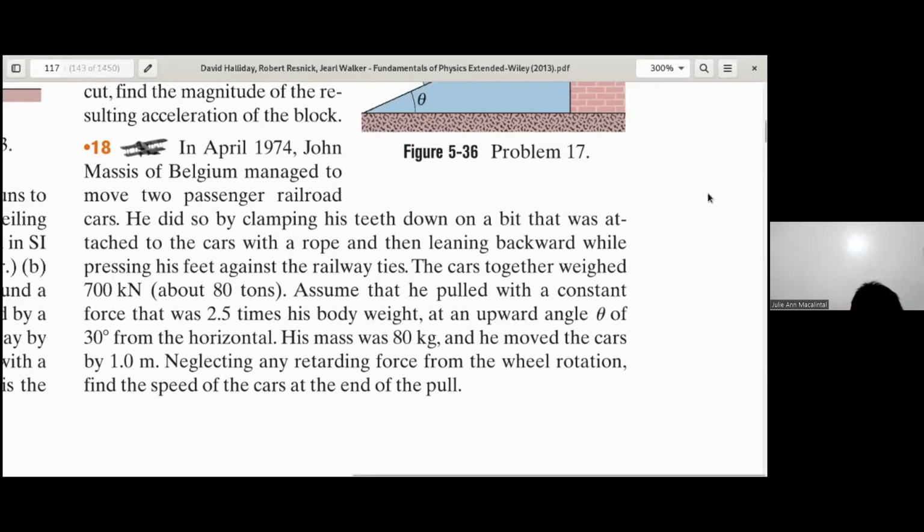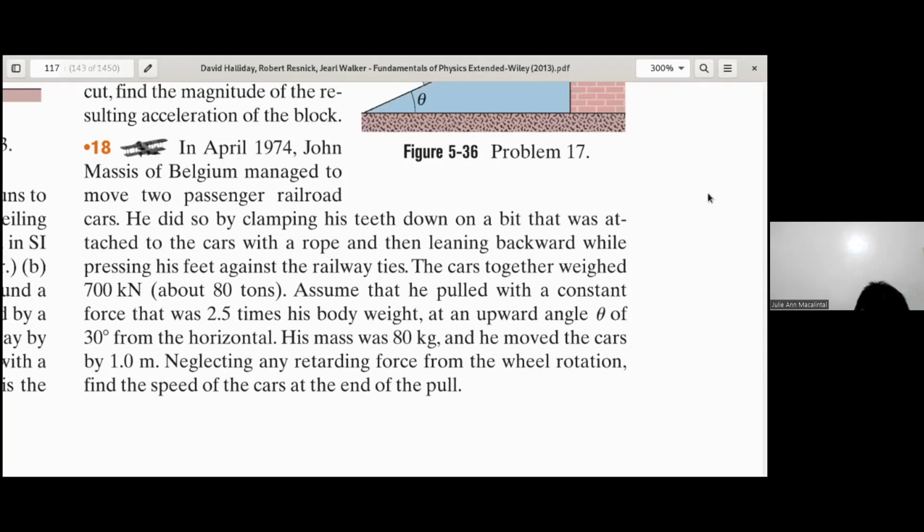Kasi, kailangan mo i-consider yung additional things like yung rotational forces. Yung pwedeng mag-rotate kasi si John Massis eh. So, aside from accelerating, may rotation pag extended. Kaya sa ngayon, tinitreat natin lahat ng objects as points.